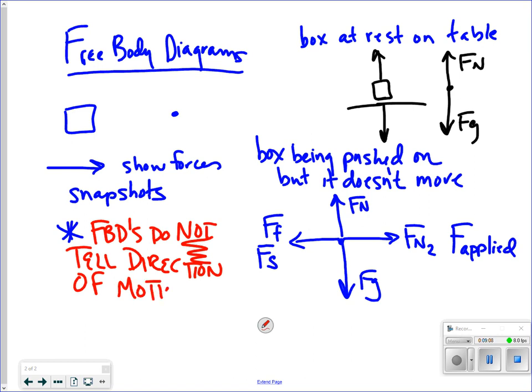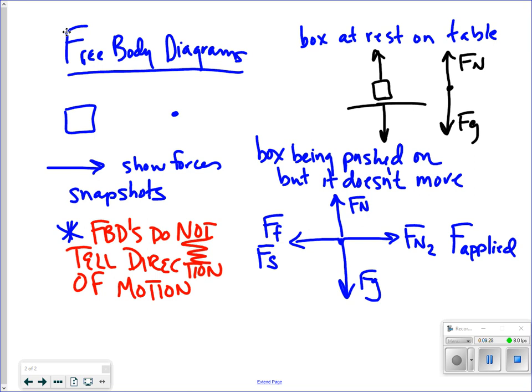And if you did MOPS last year, these were some of the most frustrating ones because you would look at the free body diagrams and you'd say, which ones could be moving to the right? And you're like, well, this one has an arrow to the right. It must be moving to the right. No, this is telling you the forces. This is not telling you the direction of the motion.